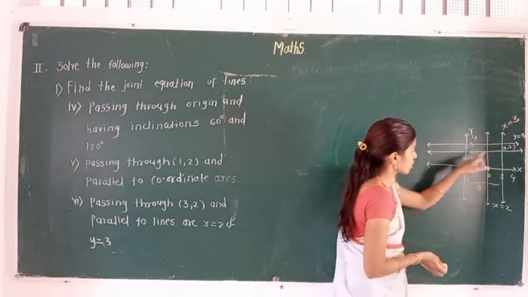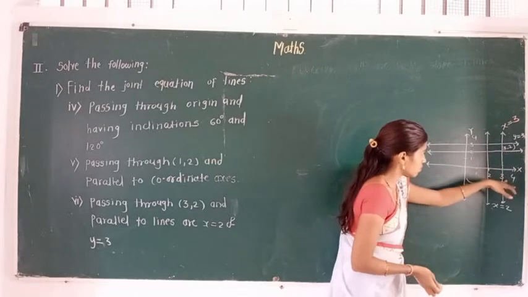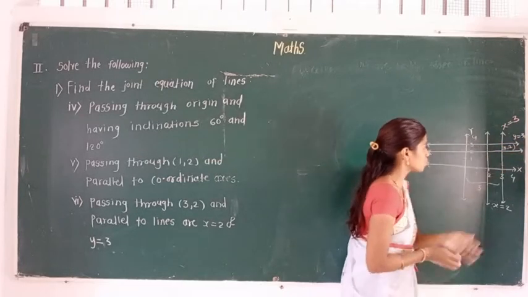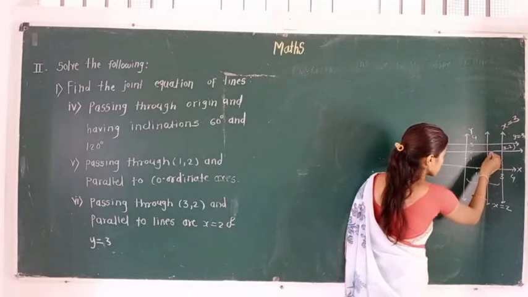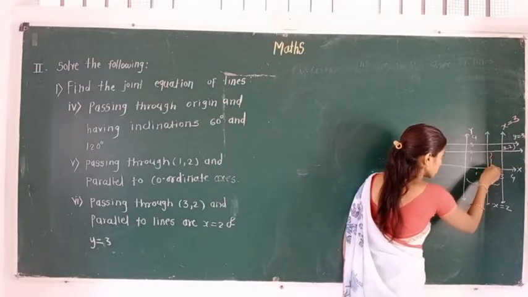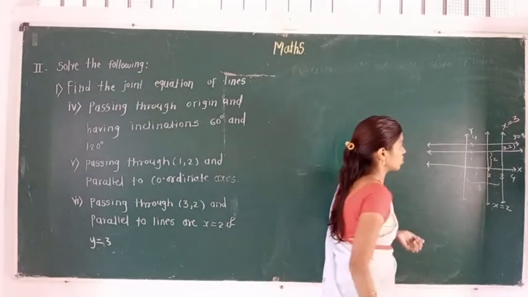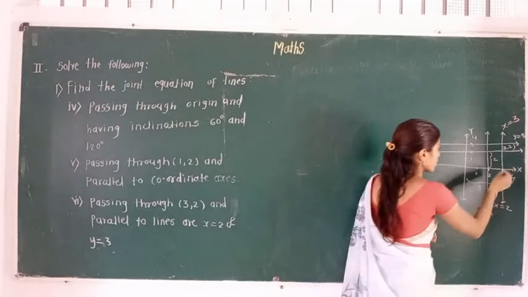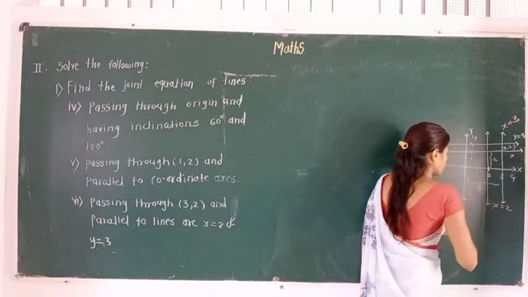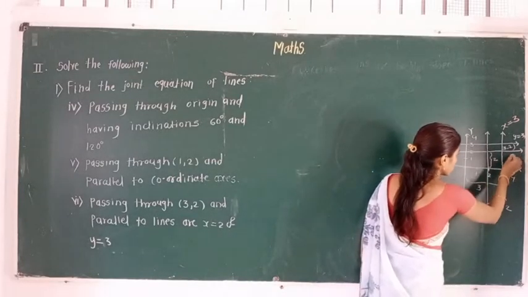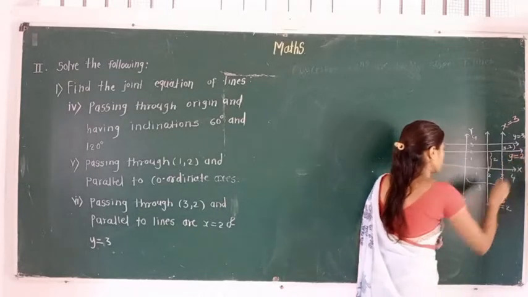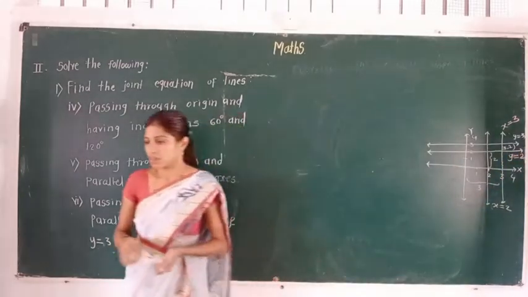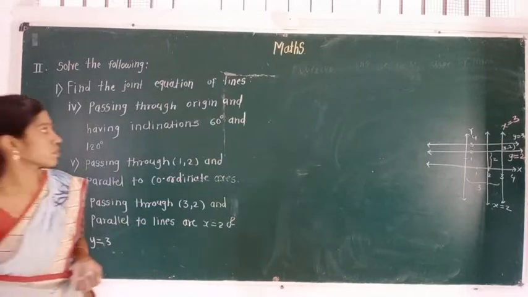And this line is parallel to the x-axis and also parallel to y is equal to 3 at a distance, see here, of 2 units. So the equation of this line is y is equal to 2.